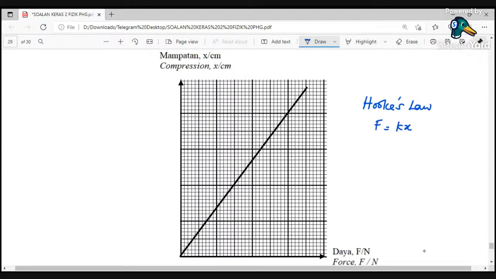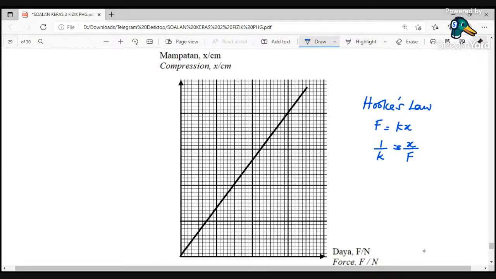If you determine the gradient of this graph, meaning X divided by F, what you will get actually? If we take X divided by F, we will get 1 over K equals to X over F. Ini hanya rearrange saja. Nampak?